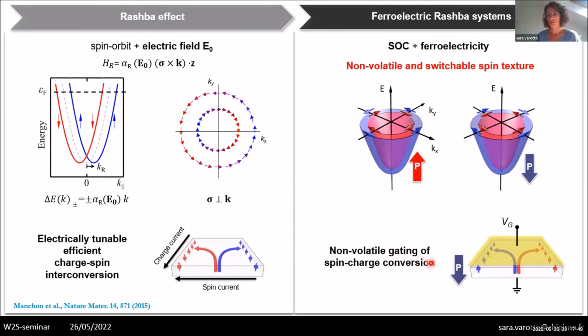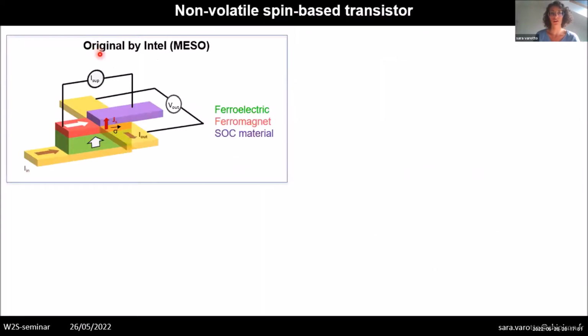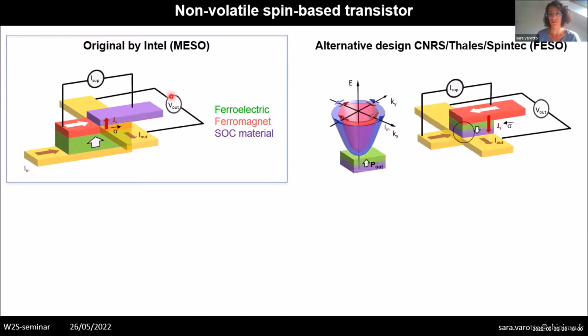So we can use this concept now. If you come back to the original device proposed by Intel, we can try to simplify it by using ferroelectric Rashba systems, which is this purple-green layer. So the idea is now to store the information inside the ferroelectric polarization instead of the magnetization.